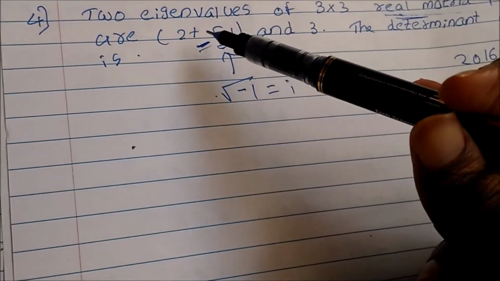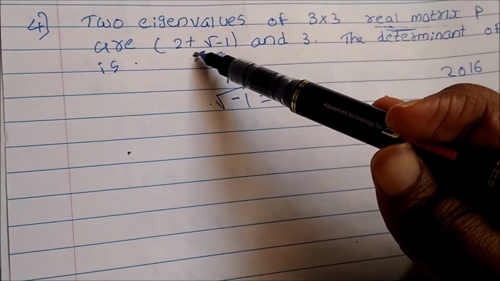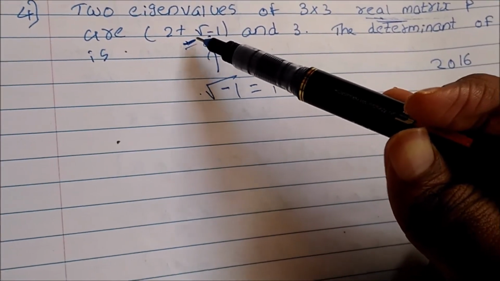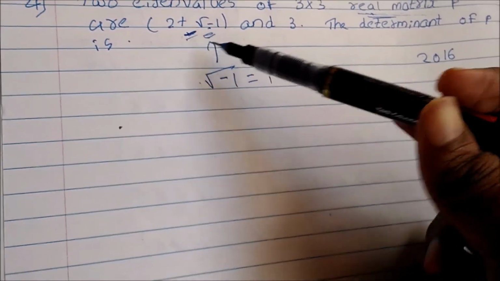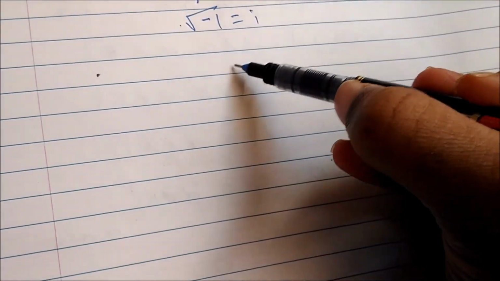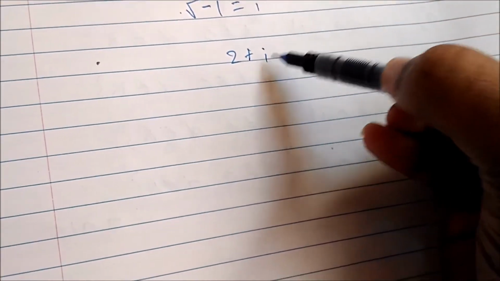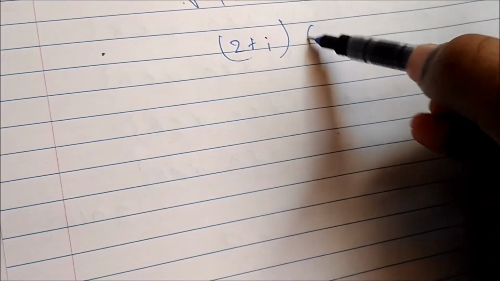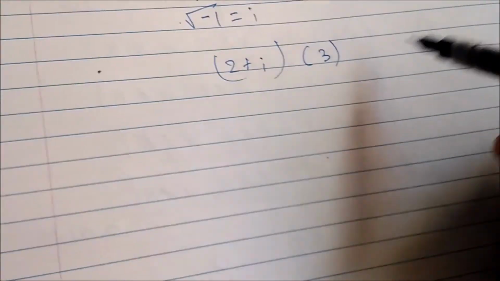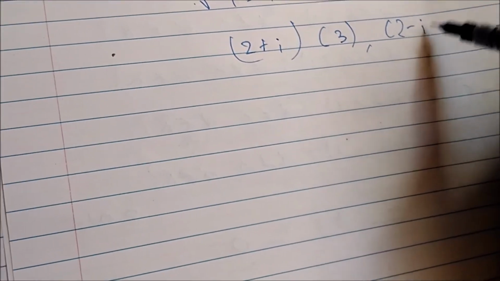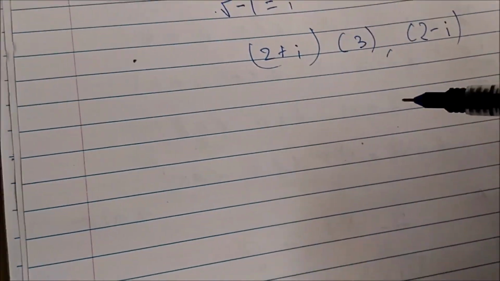So the three eigenvalues now will look like this, and 2 minus i.